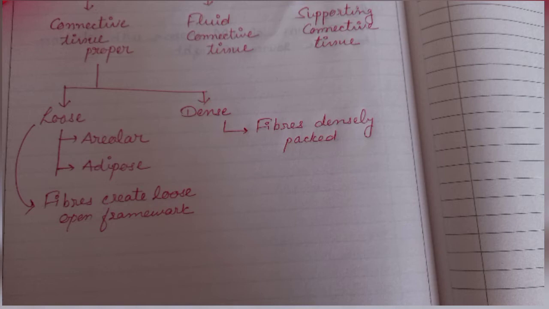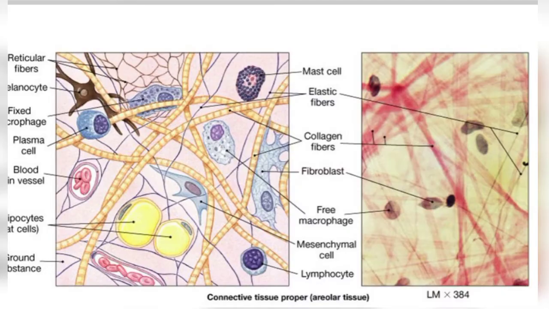Two types of connective tissue come under the loose connective tissue, that is areolar and adipose. Dear students, areolar and adipose connective tissue are loose connective tissue. If we go into detail, see the image of the areolar connective tissue over here. What is the function of areolar connective tissue?